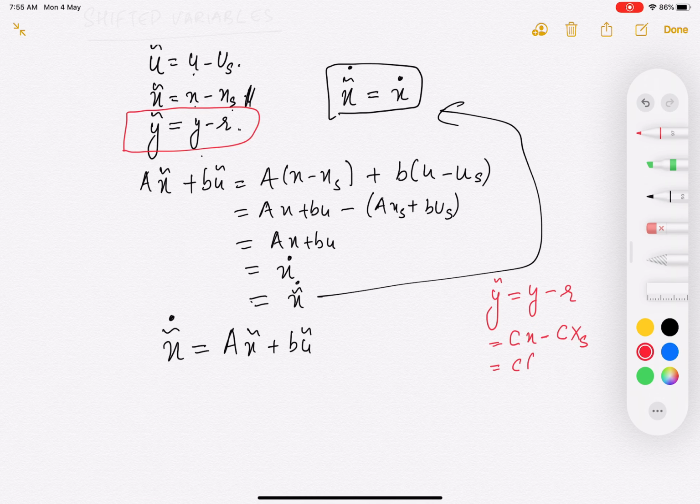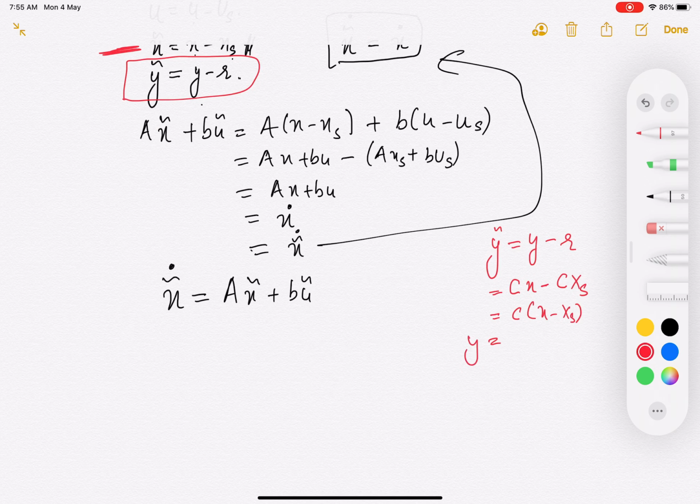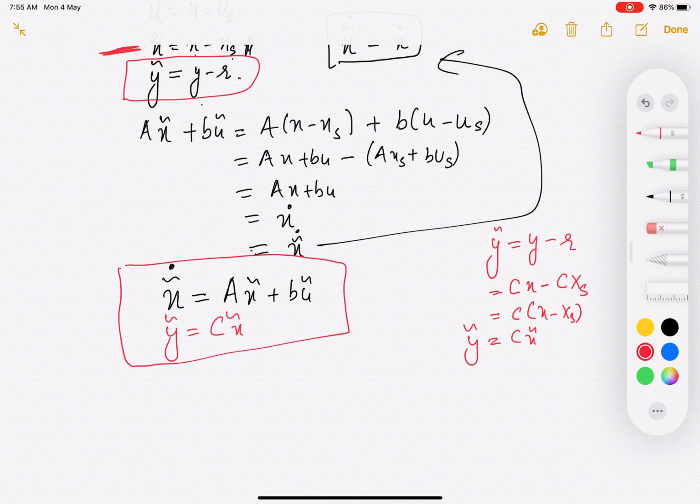So this is going to be c times x minus xs, and x minus xs is x tilde, so y tilde is equal to c x tilde. So the second equation is y tilde is equal to c x tilde. So these are your dynamics in the shifted variables.